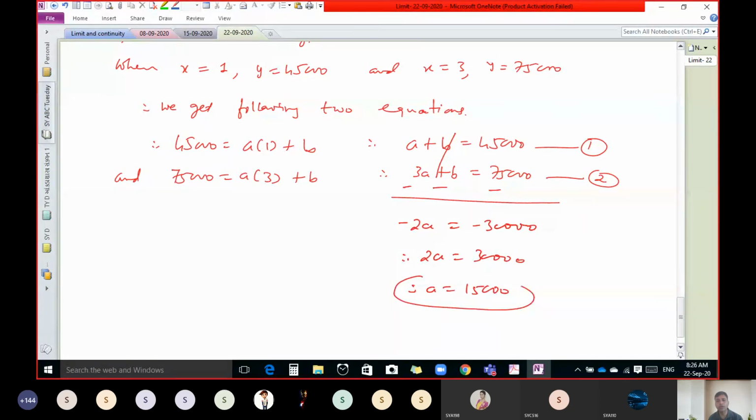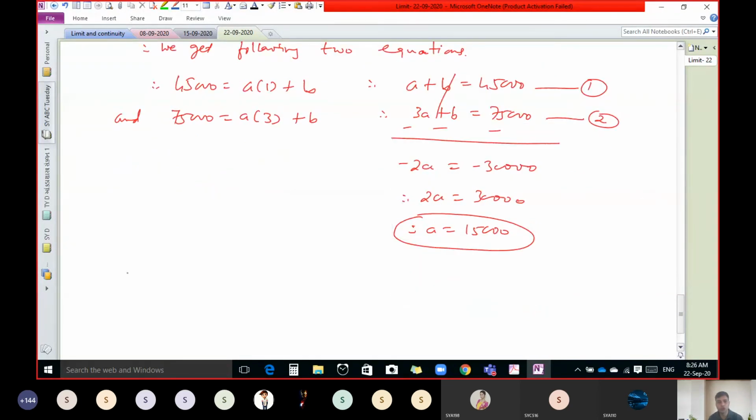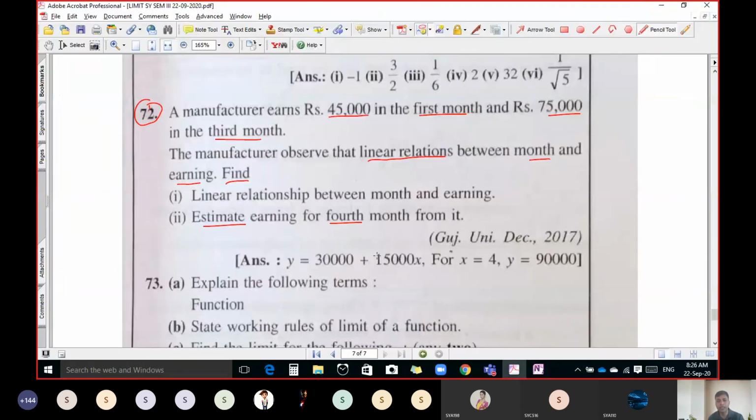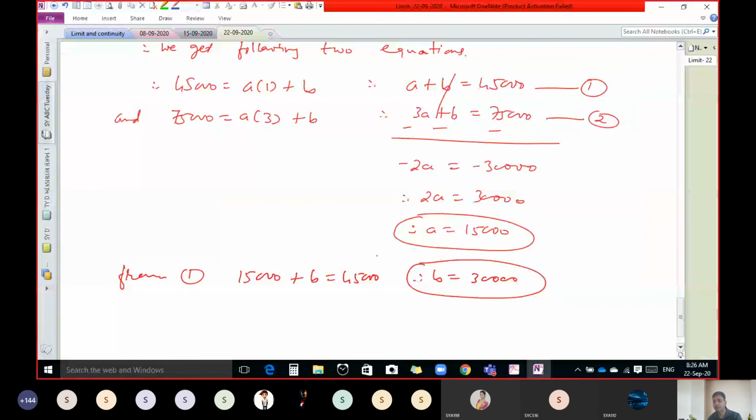So now we know the value of a. Let us put this value of a in either equation 1 or 2. So from equation 1, a is 15,000 plus b equal to 45,000. So b equal to 45,000 minus 15,000, that means 30,000. So now we know the values of a and b. a is 15,000, b is 30,000.